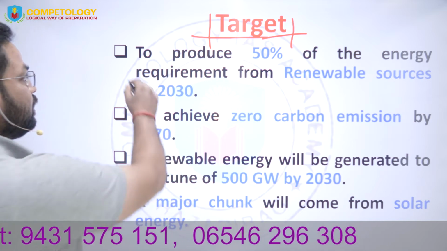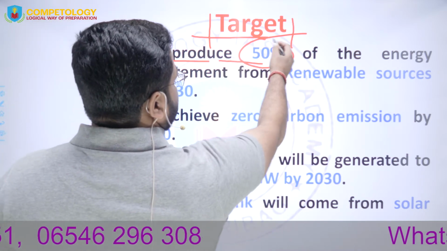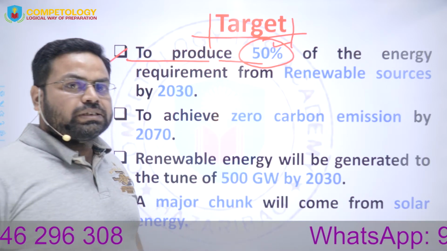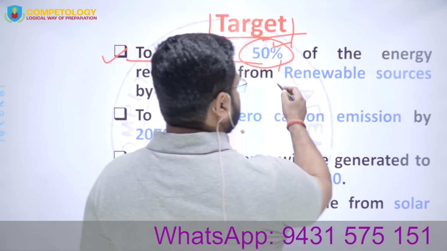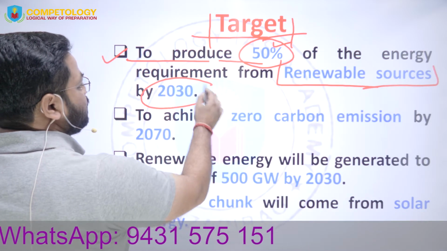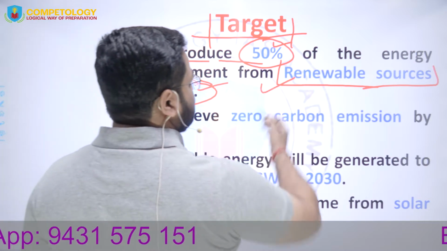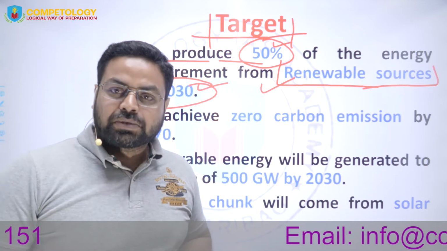So here the target is to produce 50% of the energy required by India by the year 2030 from renewable sources of energy.